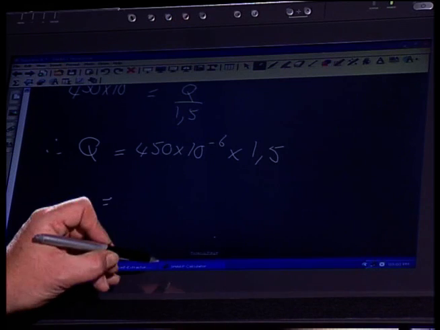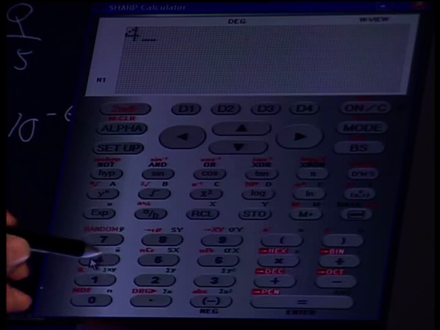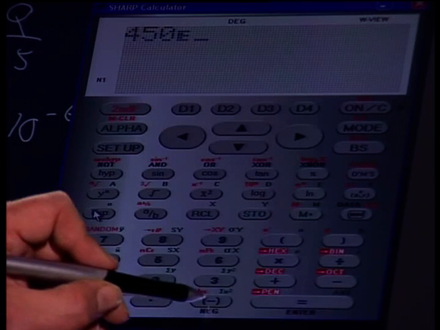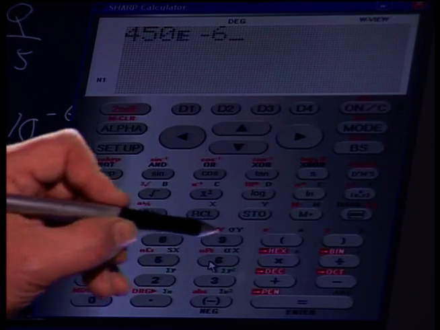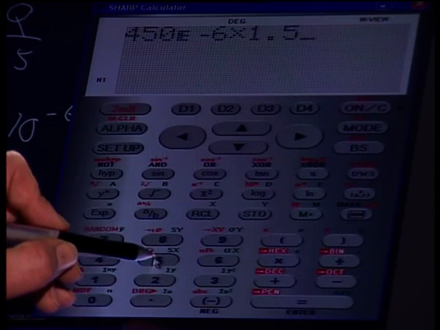Now we need a calculator, so let's go and pick it up. We're going to say 450, and now we want exponent minus 6 times 1.5.